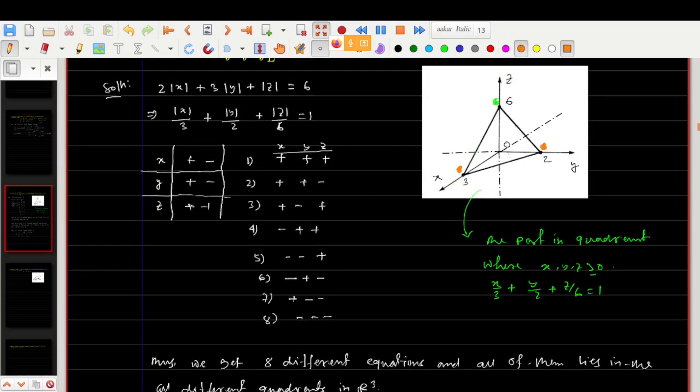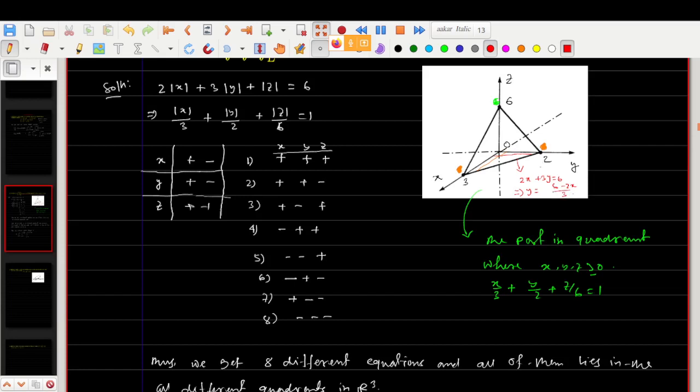When you draw lines parallel to the x axis, it goes 0 to 3, and if you draw parallel to the y axis, you get the line from here to this equation. This equation is obtained by putting z equals 0, so the equation becomes 2x plus 3y equals 6, right? And from here y equals 6 minus 2x by 3.